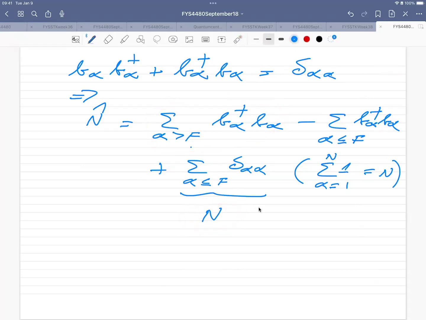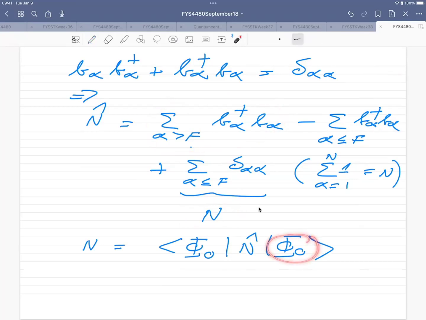Now, this n, the number of particles, is actually simply the expectation value of the number operator for phi 0, and this is something we calculated earlier. So we are going to call this the reference value. Because we have a reference state, and the reference state is this one, and we calculate its expectation value, which gives us the number of particles. So what we have then is something which comes in addition. So let's now look at a simple calculation and what this is going to give us.